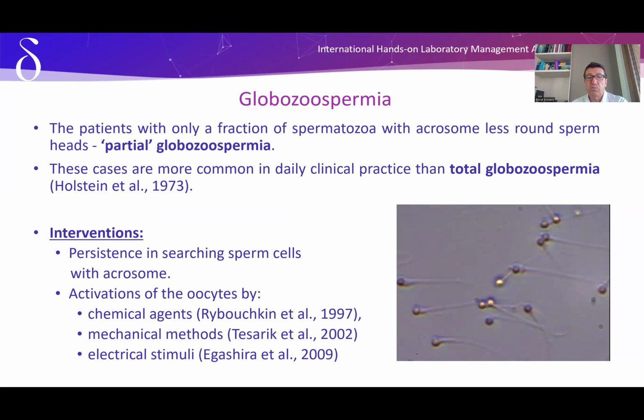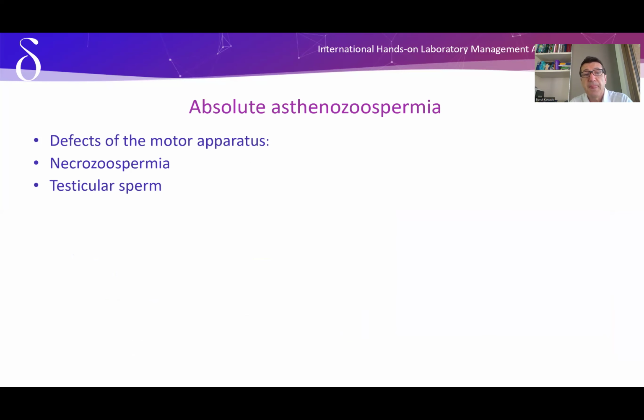In fact, first we have to be persistent in searching for sperm cells with acrosomes, but if we cannot find such sperm, then we have to use activators, which can be chemical agents, or we can use mechanical methods or electrical stimuli to activate the oocytes. There are a couple of papers that show how this can be performed.